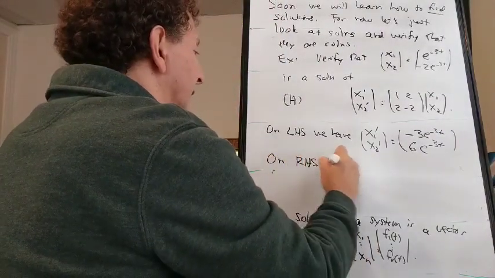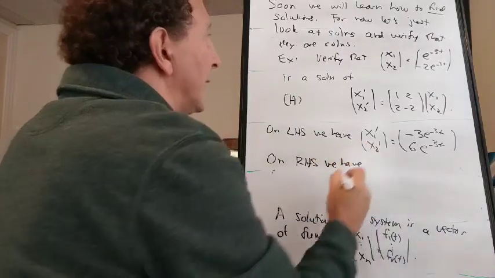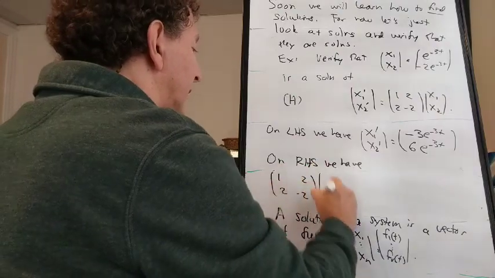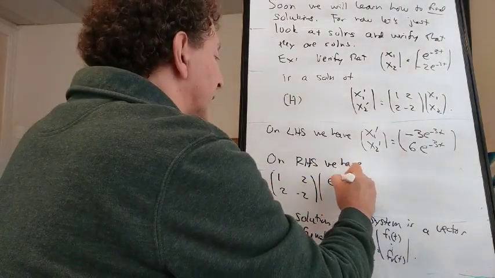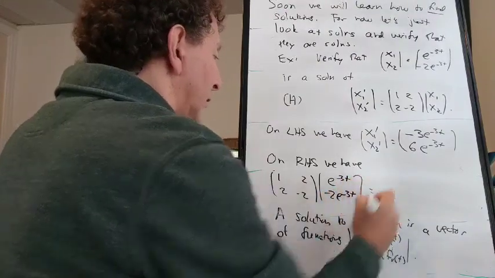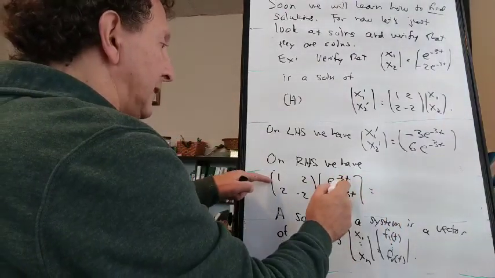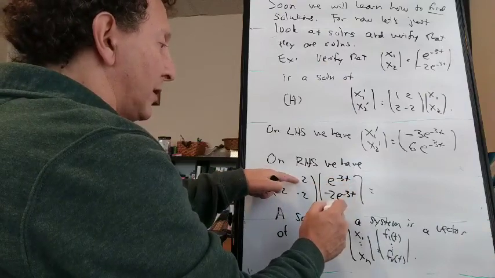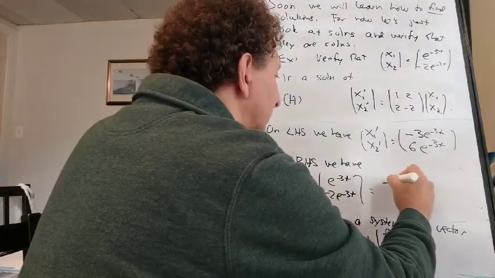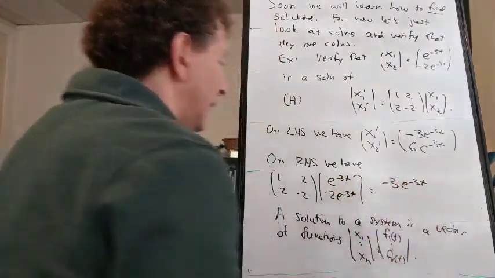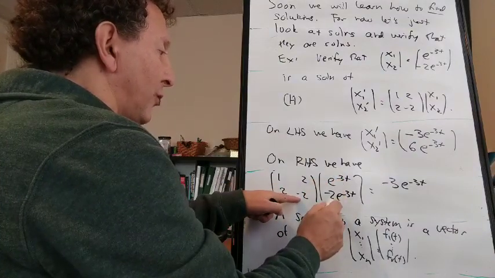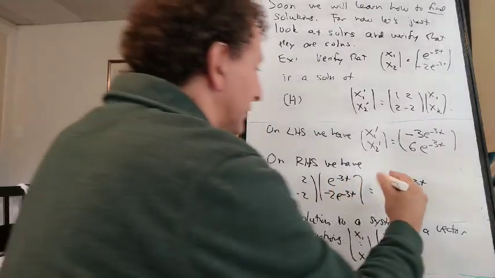Then on the right-hand side, we have the matrix 1, 2, 2, negative 2 times e to the negative 3t, negative 2e to the negative 3t, which is e to the negative 3t minus 4 e to the negative 3t. So one of them minus 4 of them is minus 3e to the negative 3t. And then 2e to the negative 3t plus 4e to the negative 3t gives us a total of 6.